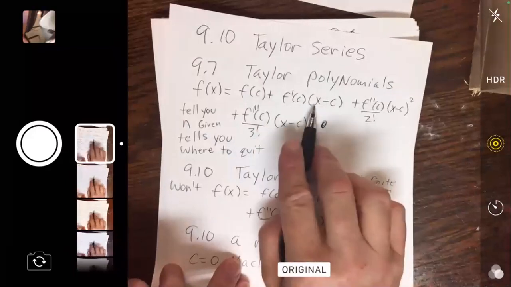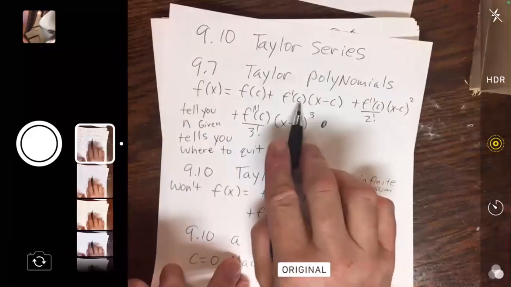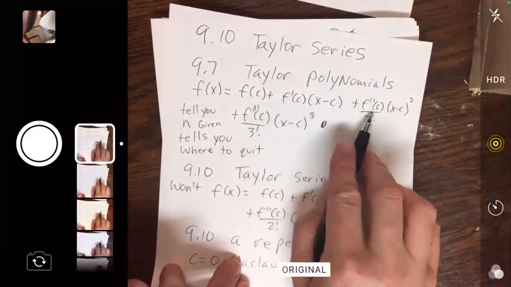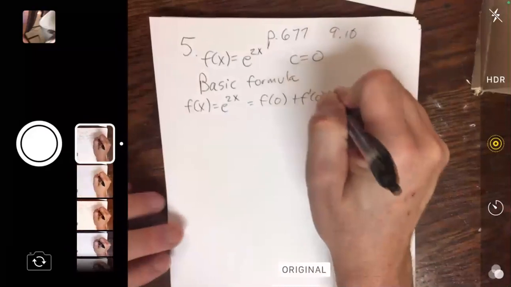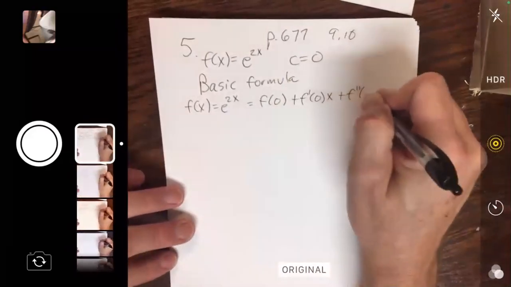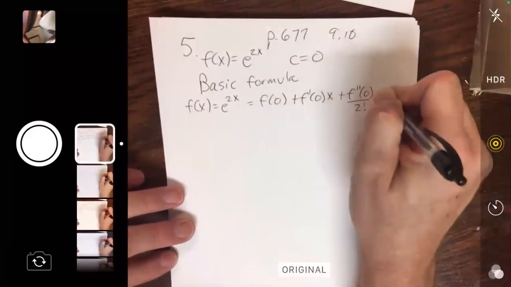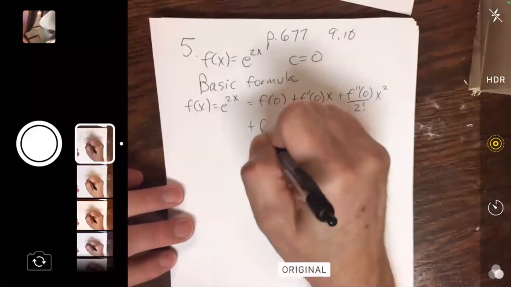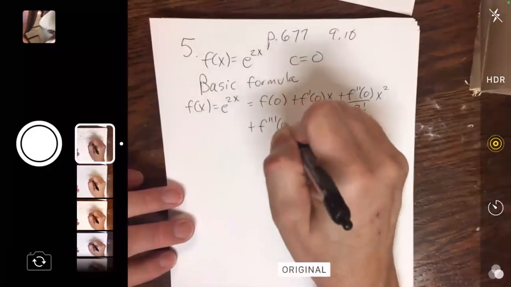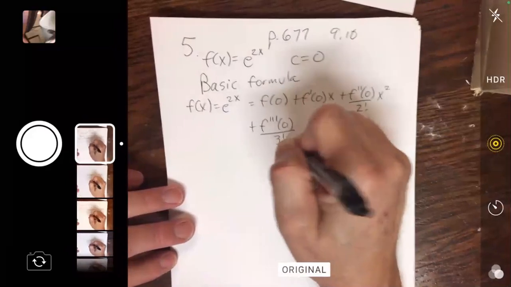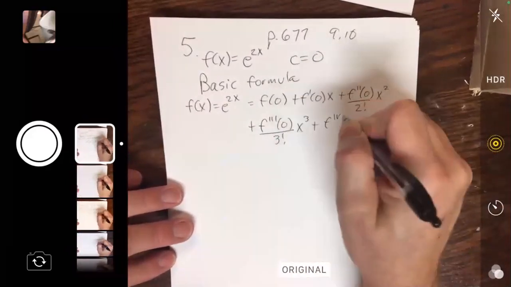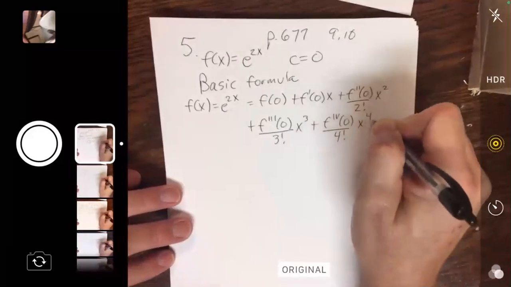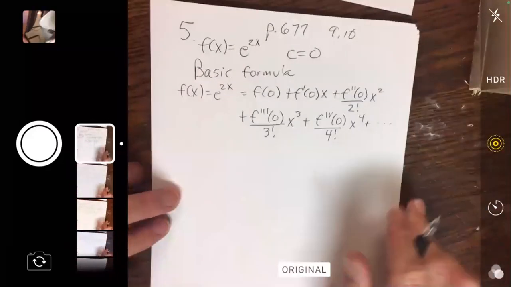So when c is 0, you just give straight x, and you plug in 0 into all of these. f prime of 0 x, f double prime of 0 over 2 factorial x squared, f triple prime of 0 over 3 factorial x cubed. I'll do one more, fourth over 4 factorial x to the 4th, and you technically add on dot, dot, dot.